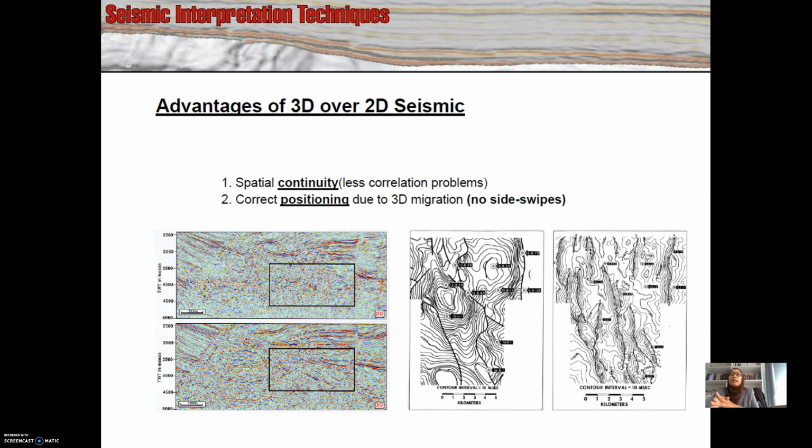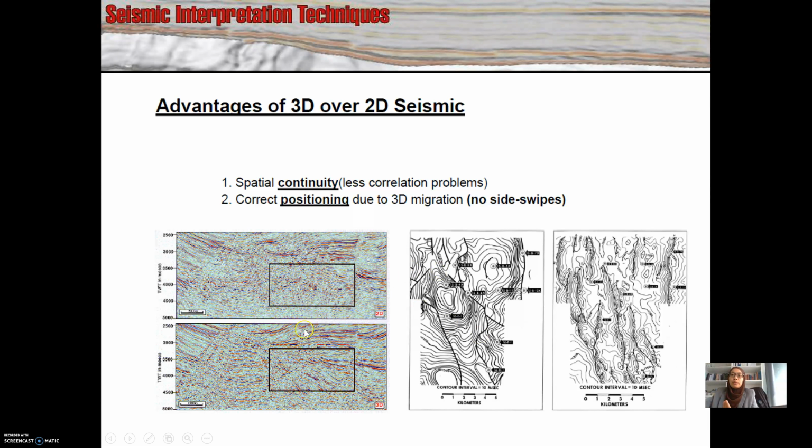So of course, the spatial continuity improves in 3D data. We have a correct positioning due to 3D migration, so we don't have the smiley effect in 3D data. Not that we don't have it, we do have it, but it is less compared to 2D data.